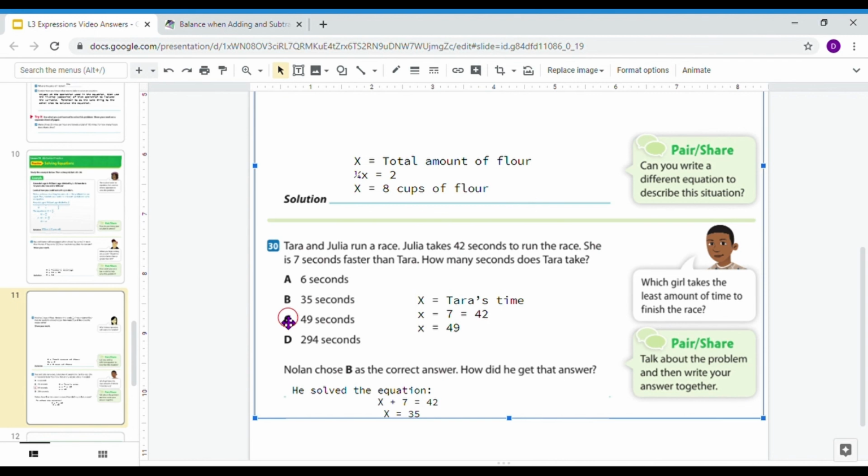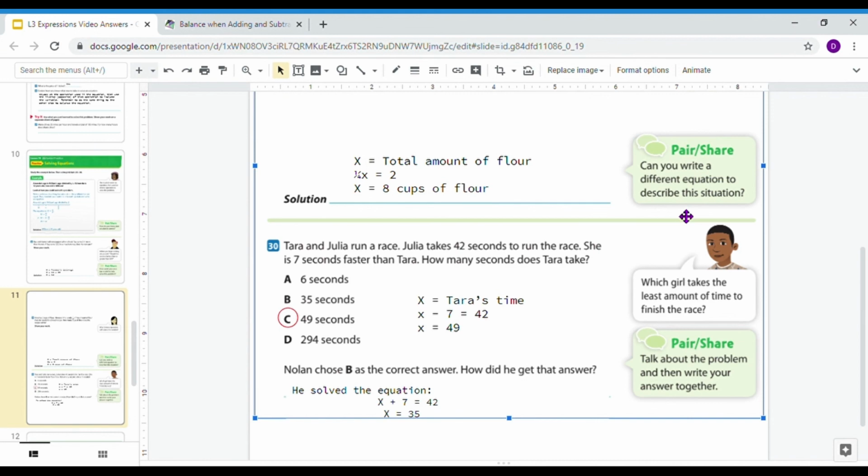And whenever we're dealing with races and with faster and slower, sometimes it does get really confusing. So our study buddy over here, before you even started thinking about math, said which girl takes the least amount of time to finish the race. So you should have looked at that and said, Tara and Julia ran a race. Julia takes 42 seconds.